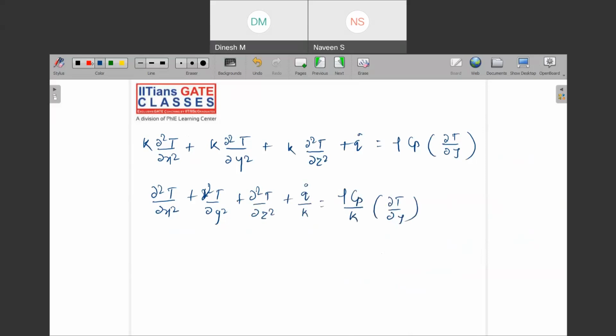Now I can see that there is one ratio of certain values. This ratio is trying to say something to you. This ratio is called alpha, like this is 1 upon alpha. So from this I define that alpha is the thermal diffusivity.